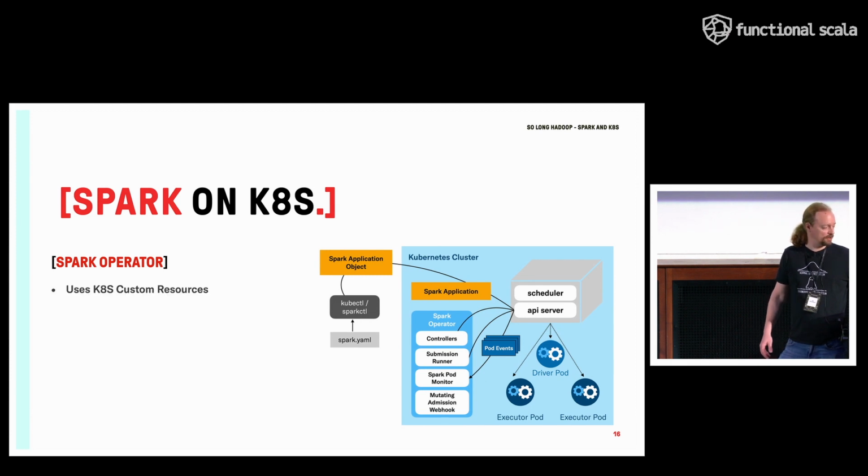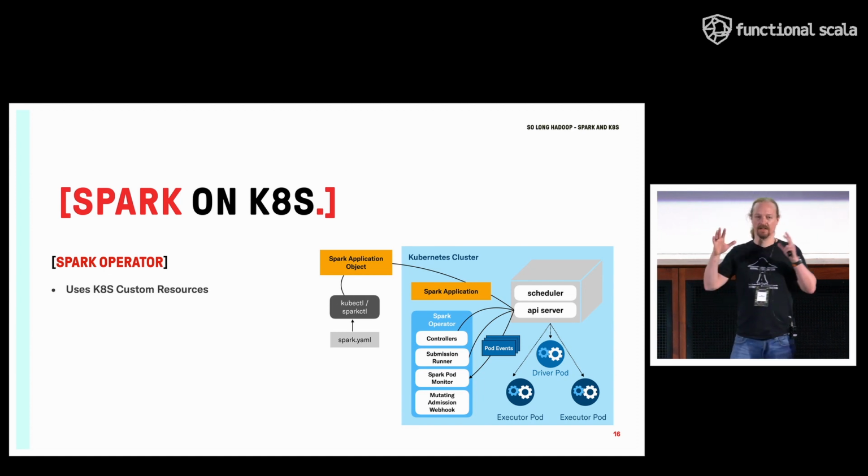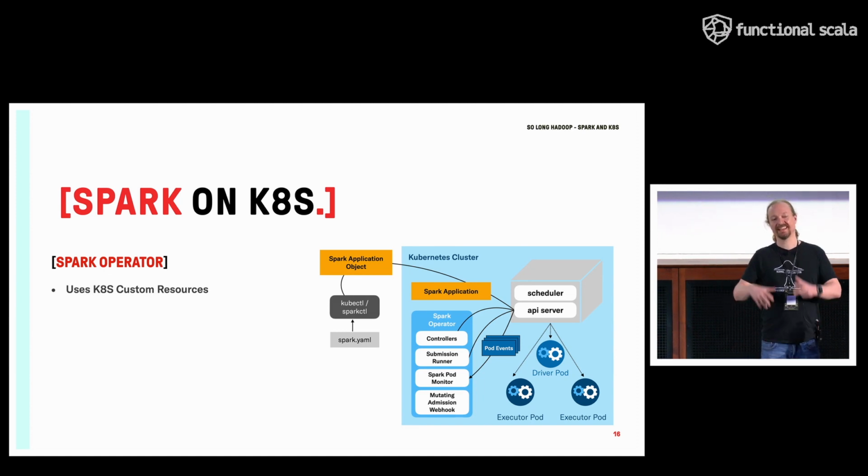The interesting bit, and that's what we're actually advocating, is using the Spark operator, because the Spark operator gives you the ability to define custom resources. So you can basically say, specifically to the application, I want to have these permission sets, these roles, these types of instances. Especially if you have a machine learning application, you could say, I want to specifically select GPU worker instances for my containers.